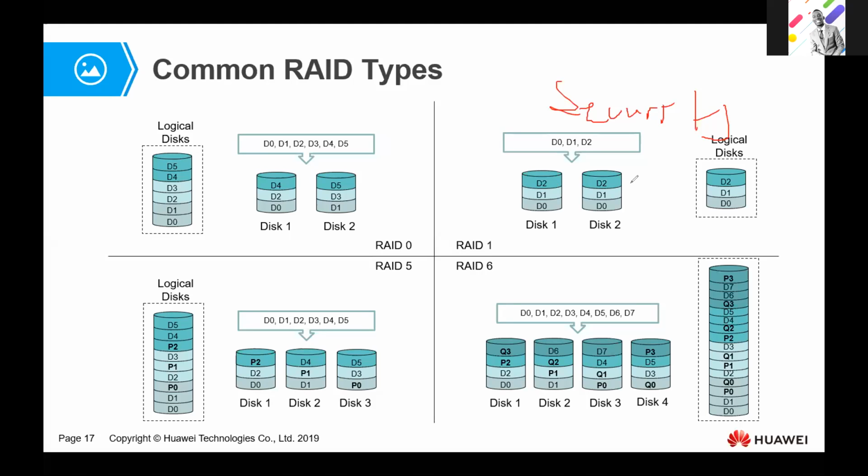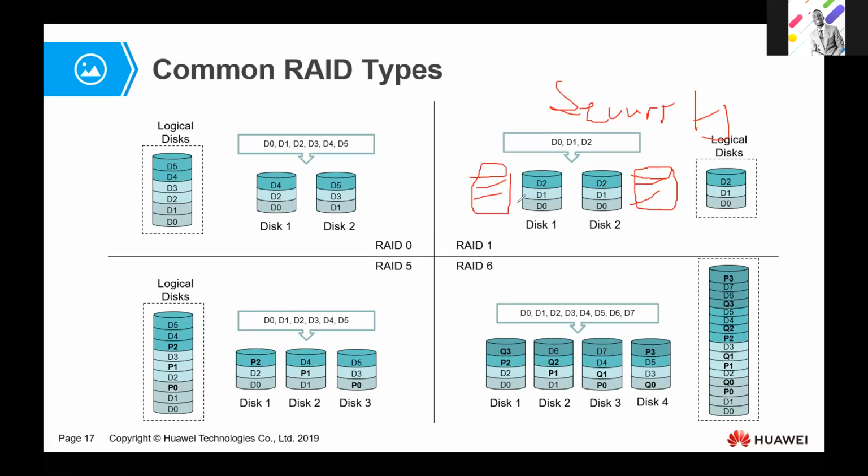But the disadvantage is that, regardless of how many disks we have, the total capacity of your RAID will always be equal to the capacity of the smallest disk in your RAID.